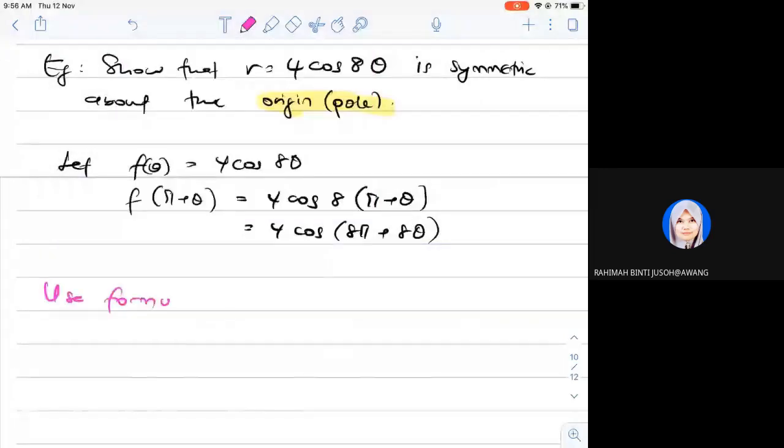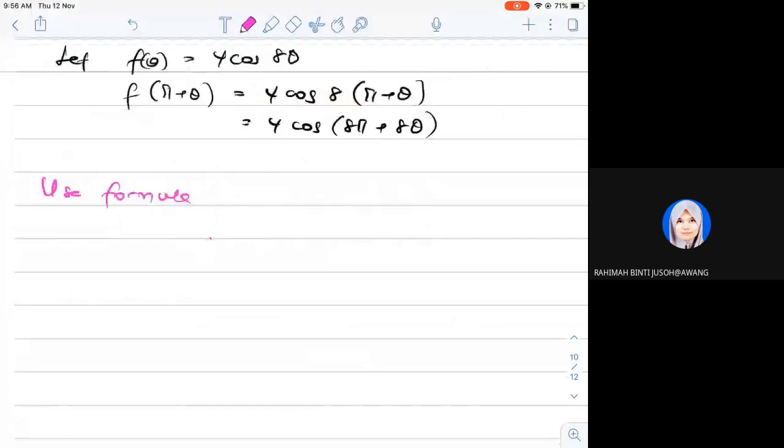Kalau kita ada cos A plus B, it equals cos A cos B minus sin A sin B. Now this is your A and this is your B.